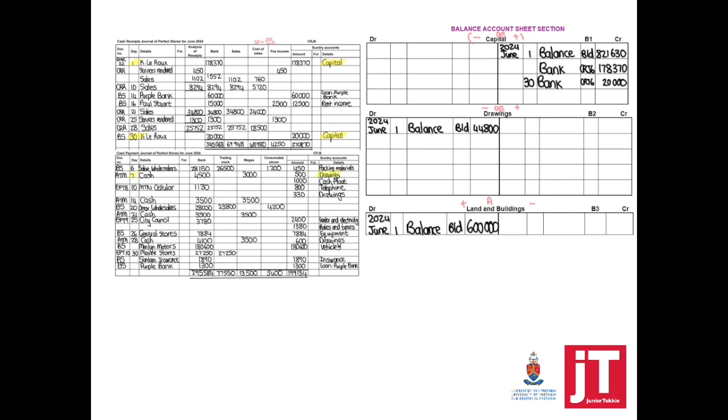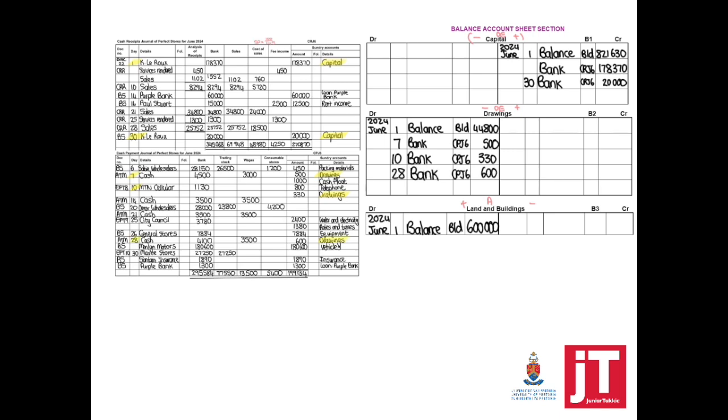Now we need to look for drawings. In our CPJ, on day 7, drawings is going to be debited with 500. Remember the basic principle. From the CPJ, bank is credited, the rest is debited. Then on day 10, our drawings will be debited with 350.